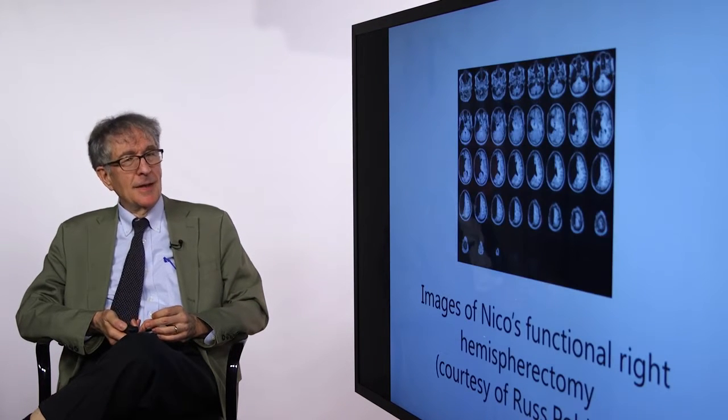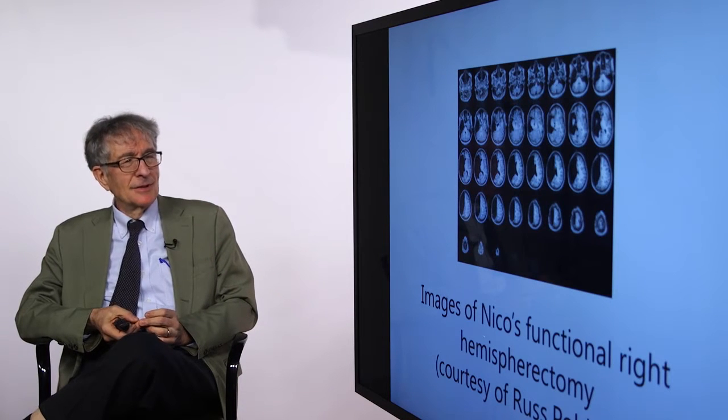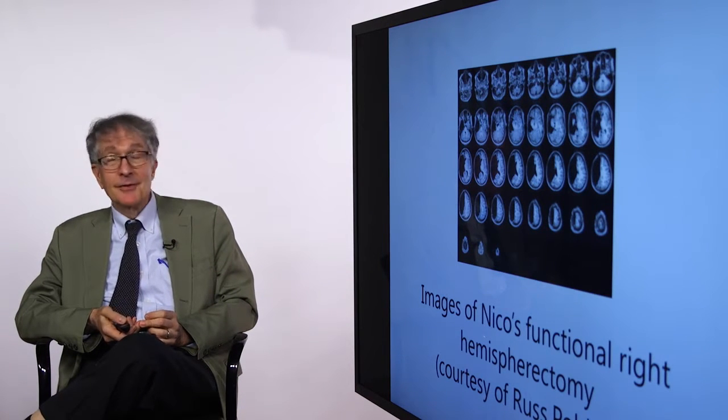So you might say, well, if you take half the brain away, then there's no chance the person's going to be able to function at all. But amazingly, Nico is able to display a range of intelligences, and in fact, he's even been able to finish his education. And this shows you what happened to his brain. They actually removed half of it. It can't be more dramatic than that.